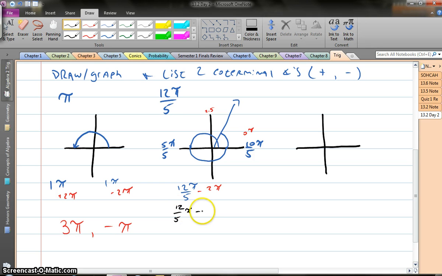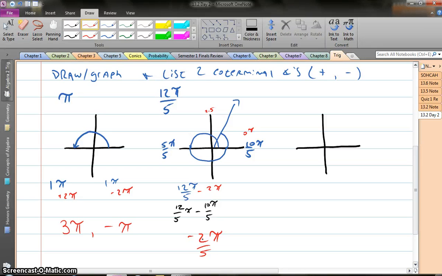So 12 pi over 5 minus, to get a common denominator of 5, I'd multiply that by 5, 10 pi over 5, which is negative 2 pi over 5. 12 minus 10 is 2, and the denominator stays the same. So that's my negative one. Now I've got to get a positive one.